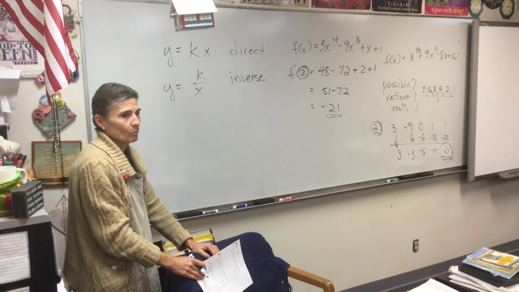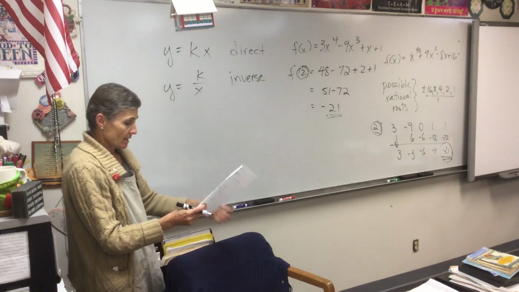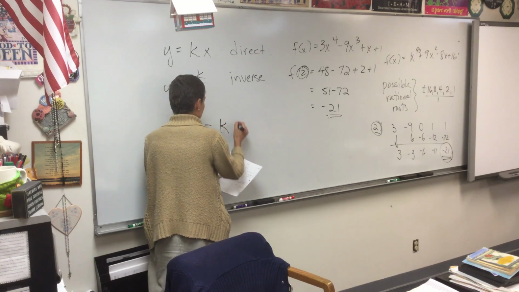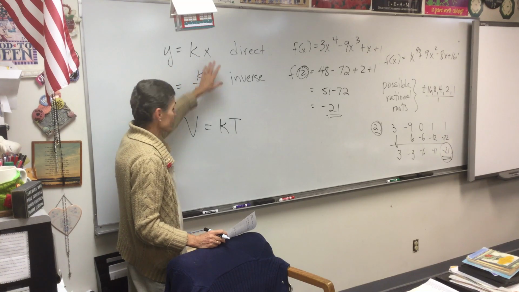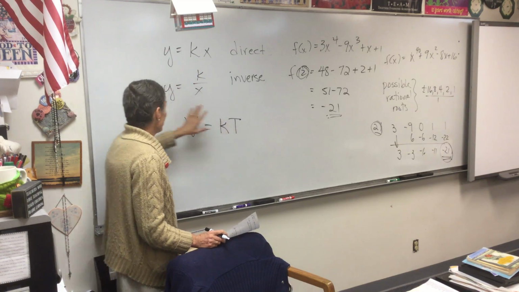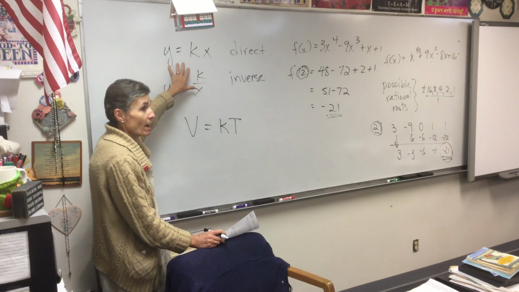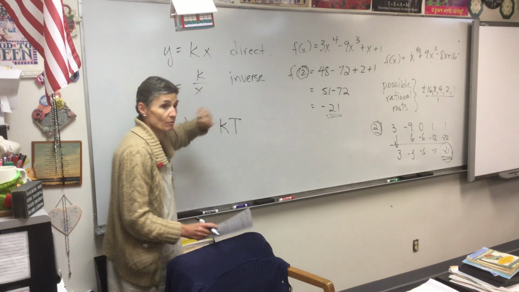All right, so which one is it? It says direct. We're going to use the top equation. It says volume varies directly as temperature. So instead of y and x, I have v's and t's. Your strategy is one variable equals k times the other one.